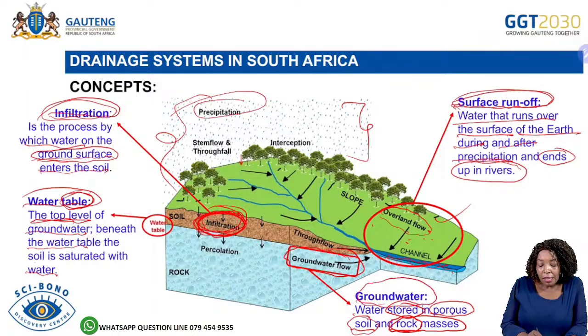This groundwater would have a top level, and that top level of the groundwater is what we refer to as the water table. Beneath the water table, the soil is saturated, so the water cannot pass through further. It would have reached saturation, and when it reaches saturation, it will leave the water at the level of the water table. Okay.